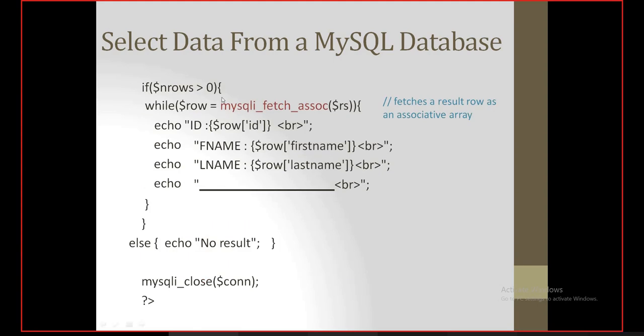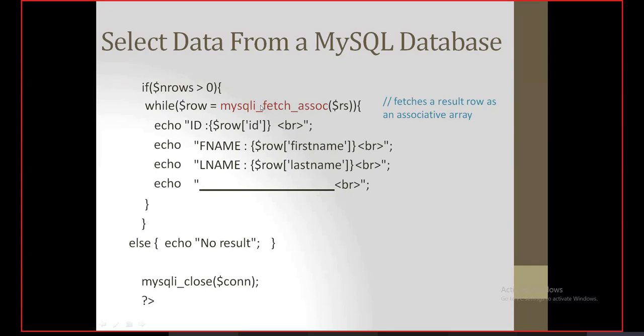Next, we are checking whether the variable has more than 0 rows. Only if it has some rows are we going to print. We are fetching one row at a time from the result set, and we are creating an associative array for that particular row. Understood?